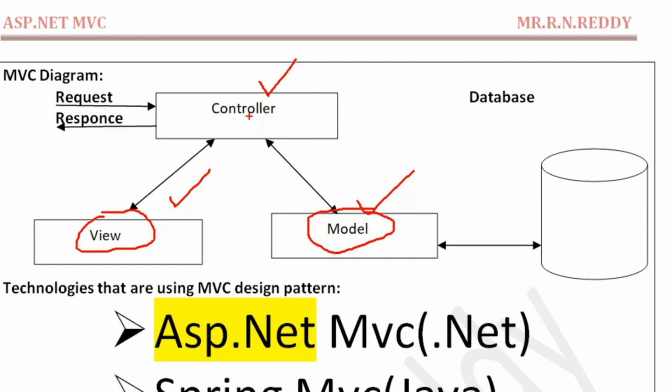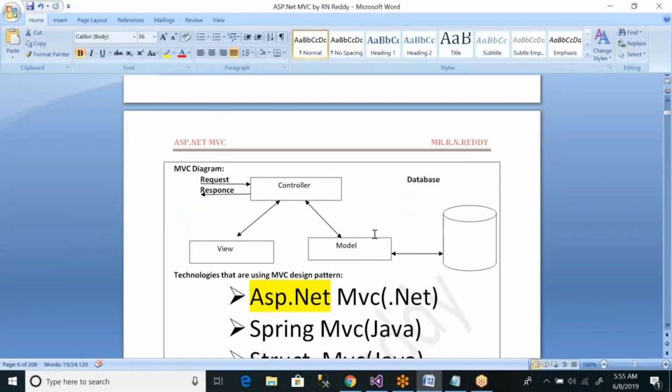Otherwise, if the request requires database access, then the controller will forward the request to the model. The model will communicate with the database, get the output, and give it to the controller. Again, the controller will give it to the view. Again, the view will generate the output and give it to the controller, which will give it to the browser. In this way, you can observe that in MVC your application contains three modules.